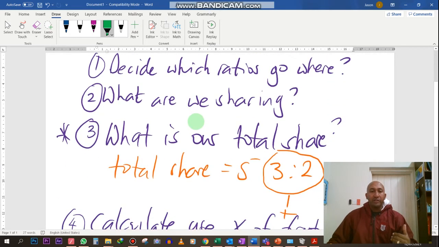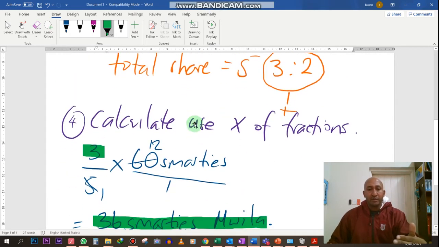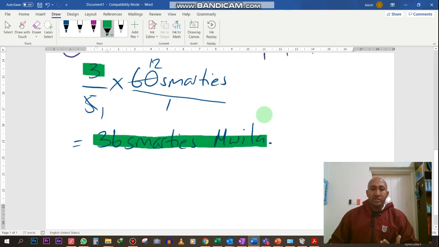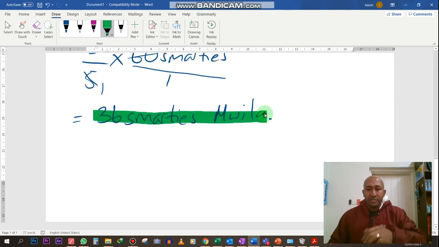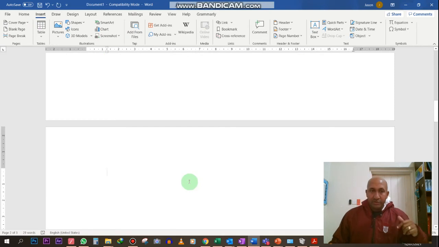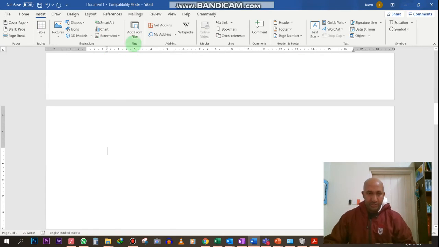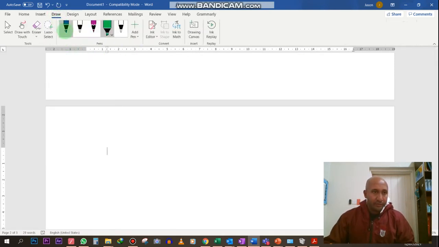So if we have calculated 3/5, 5 coming from our total share here, and Muila was the 3 of the ratio, then it stands to reason that to calculate Tristan's share, it would be 2/5 times 60 Smarties.